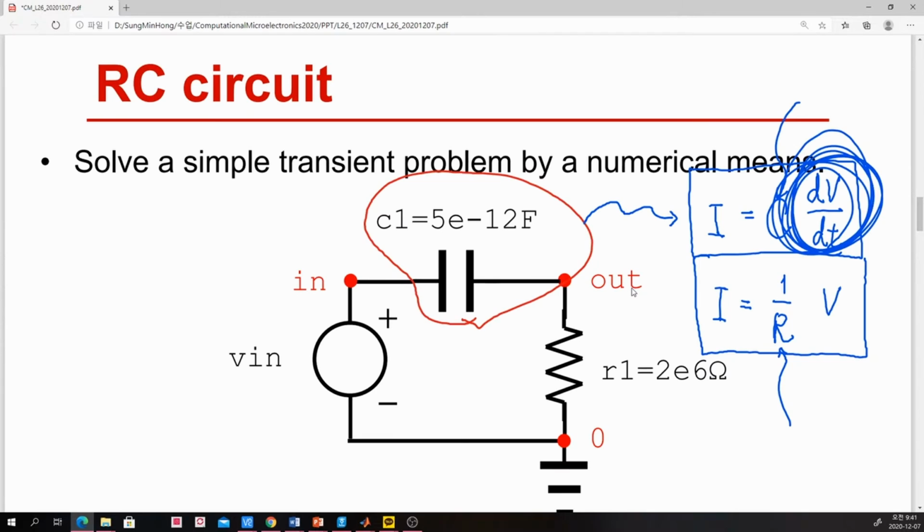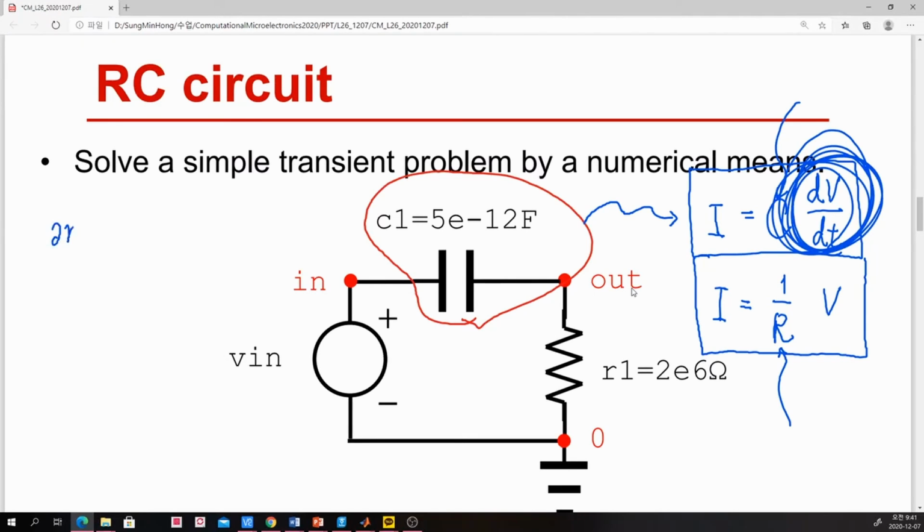So now we have to think about how we can consider the time derivative. Previously, of course, we had time derivatives. Do you remember?